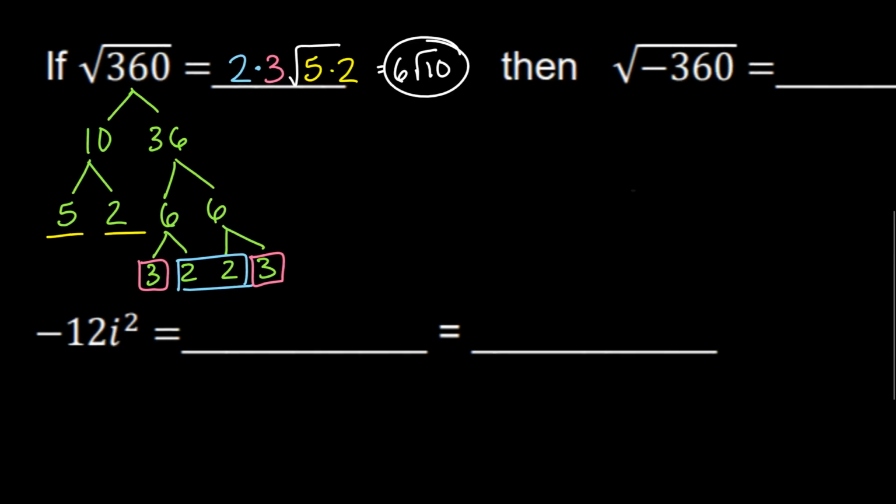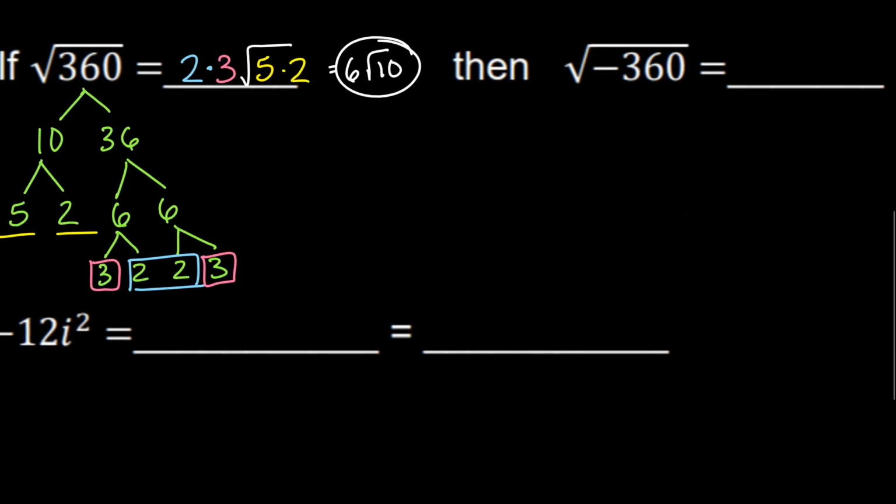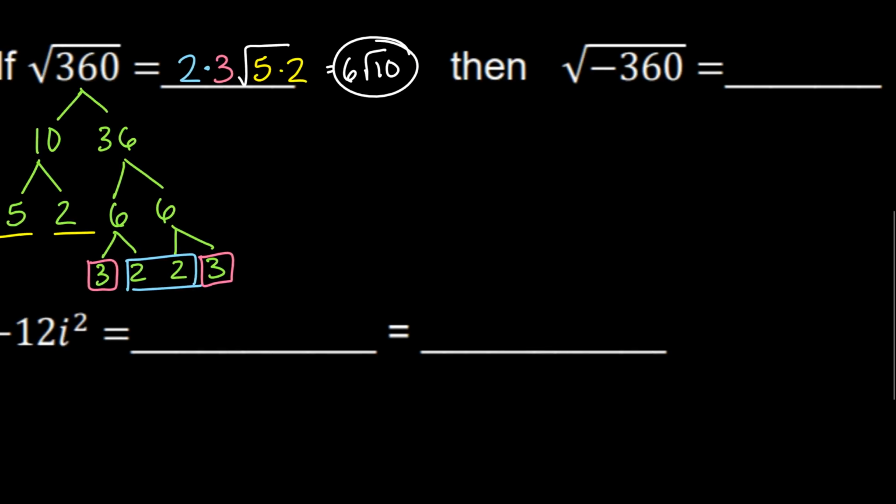All right. So now, this is now negative 360, the square root of negative 360. What do you think is the only difference? There's going to be an i in my answer. Where do you think I'm going to put it? So i replaces what in our problem?